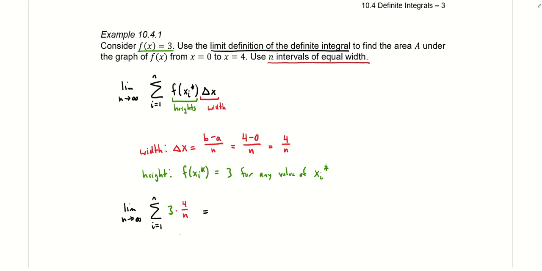And I can do that because all of my rectangles are going to have the same width. So I'm going to go ahead and take the width out of the sum and write this as the limit as n goes to infinity of 4 over n times the sum from i equals 1 to n of 3.